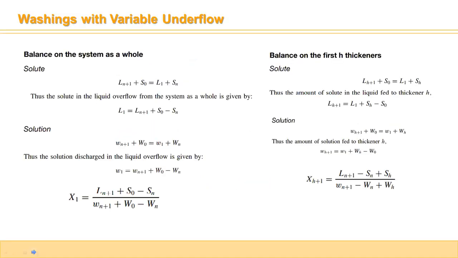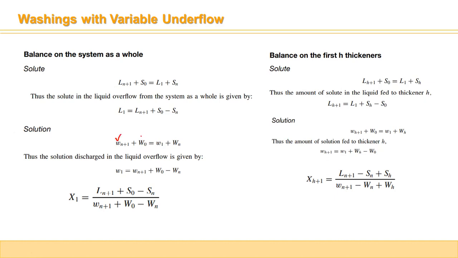Now, if you do material balance on the system as a whole, meaning you have several thickeners already, you can do solute and solution balance. So you balance the solution that enters together with the solution that leaves your system. So this is the wash water. This is the solution in your feed.